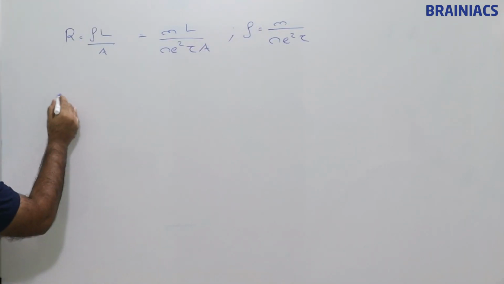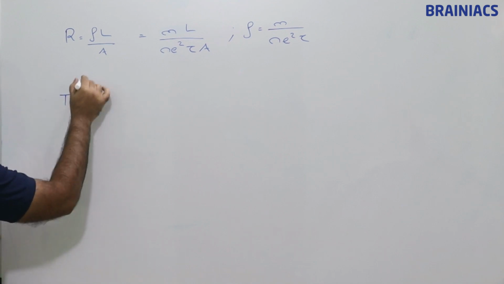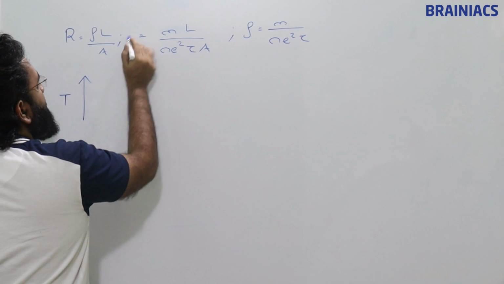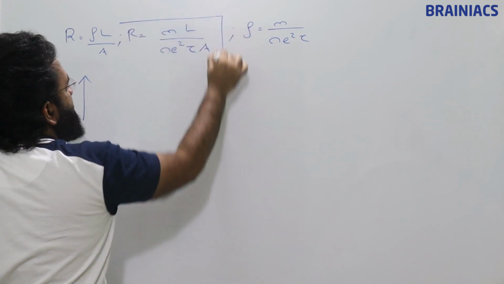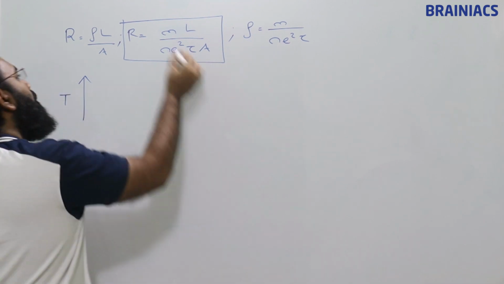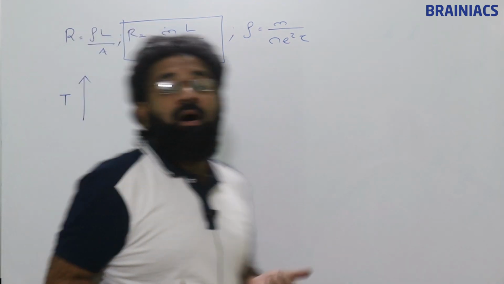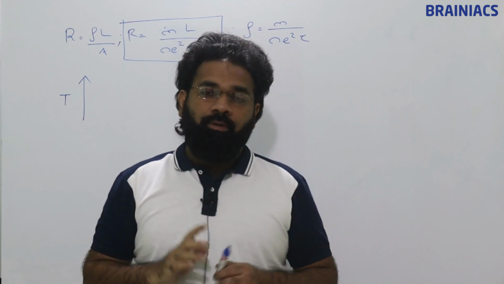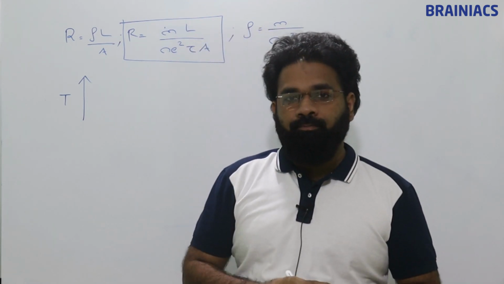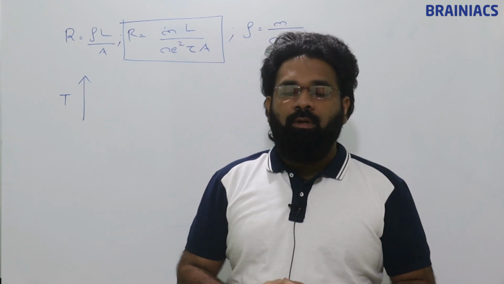Suppose if we increase the temperature, consider this formula, directly we can understand what will happen to mass of electron if we increase the temperature. Will it increase or decrease, or will it be constant? Mass will be constant.